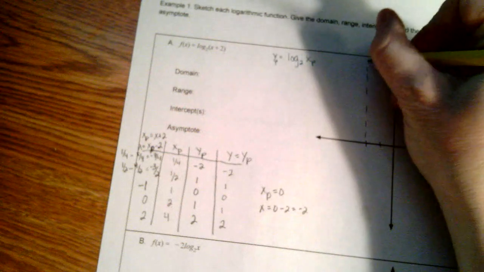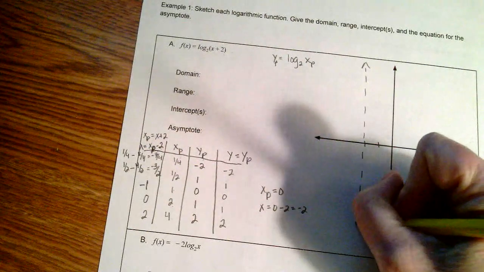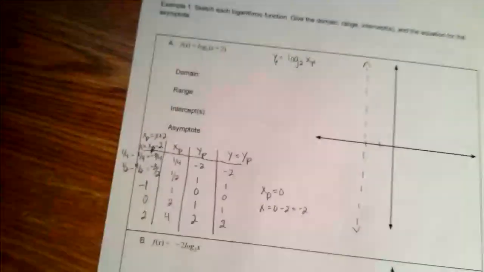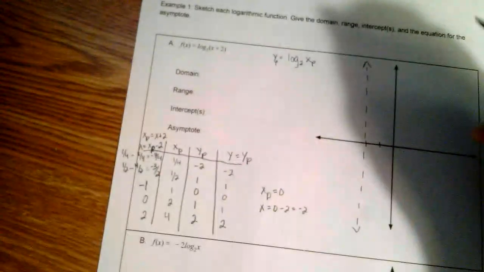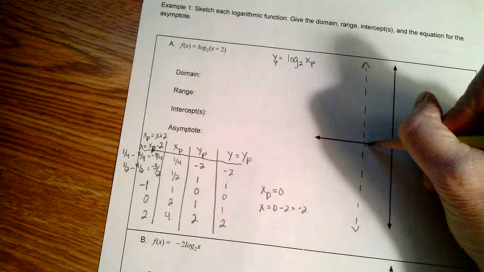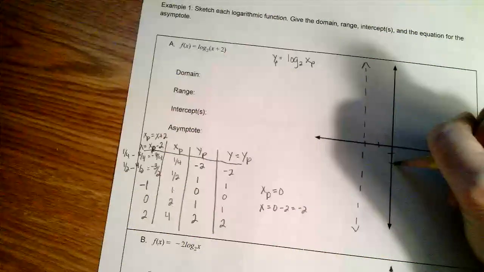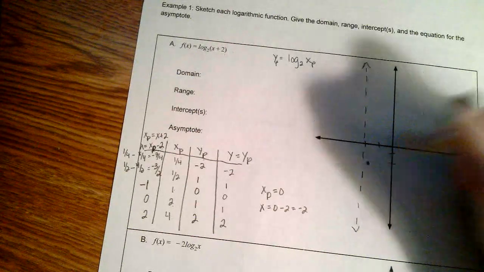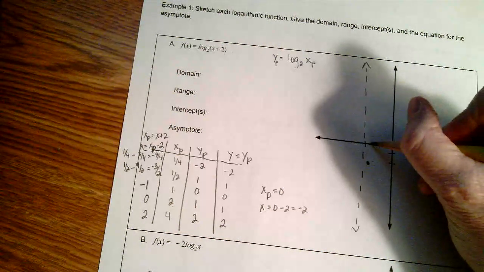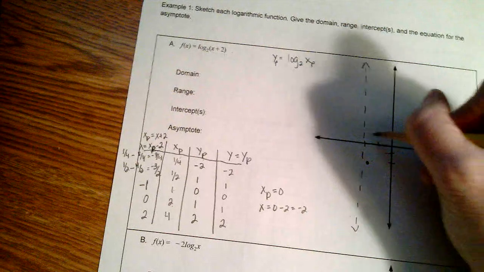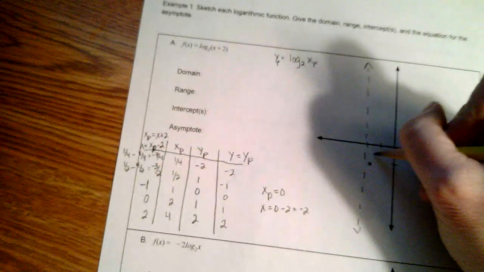So I'm going to draw in my vertical asymptote. And then I'm going to draw in some of my other points. Negative 7/4 is going to be close to negative 2, and I'm going to go down 2. Negative 3/2 will be about negative 1.5, and up to negative 1.